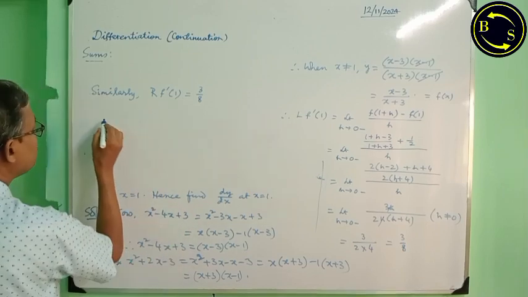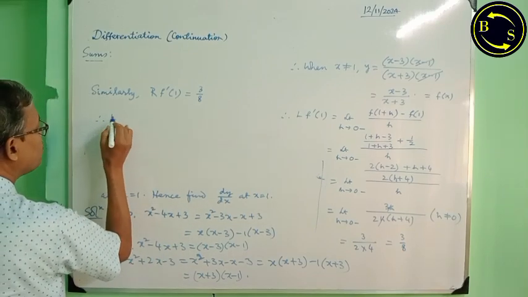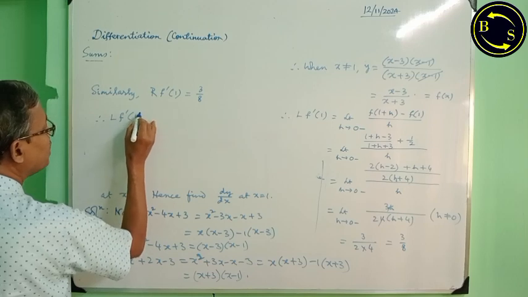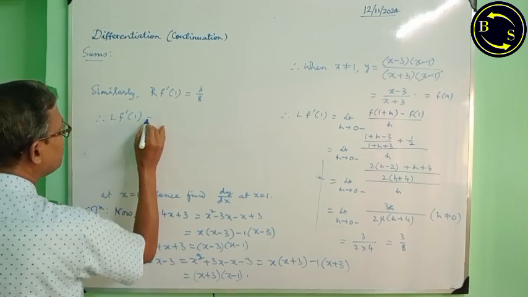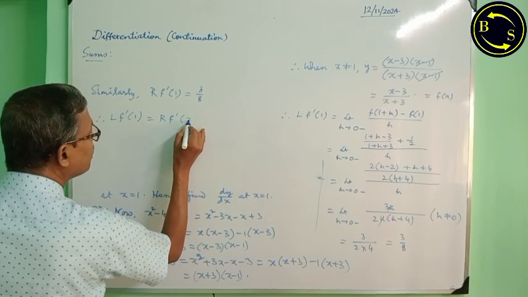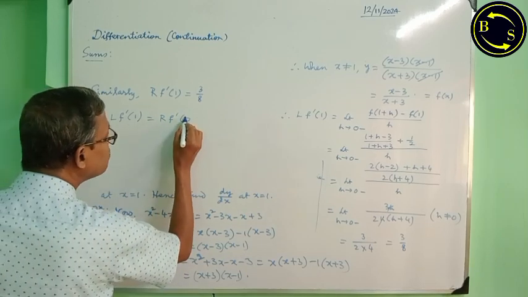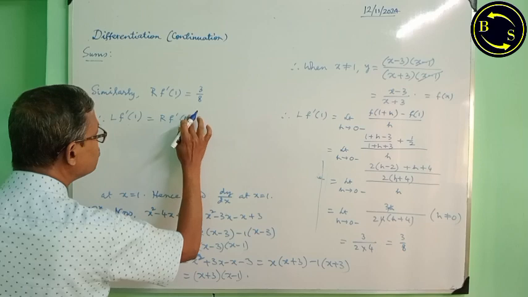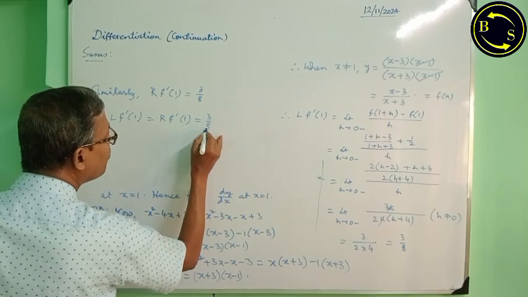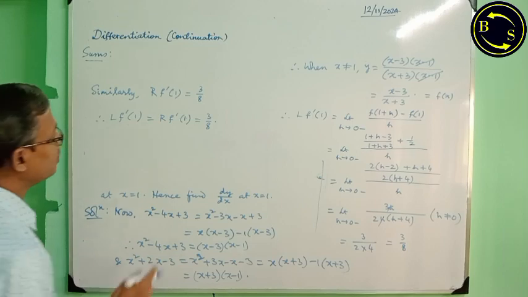Thus what we find, therefore, left hand derivative at x equal to 1 is equal to right hand derivative at x equal to 1, the same finite value.